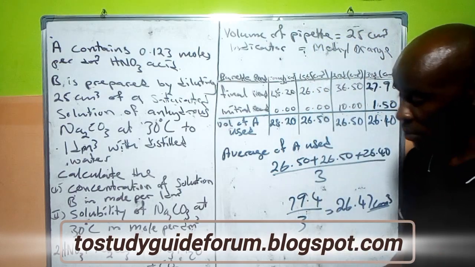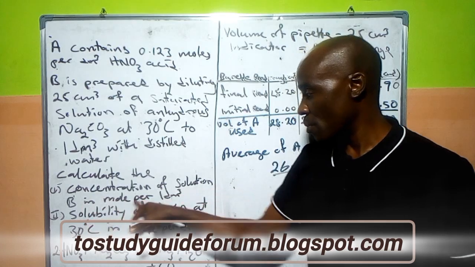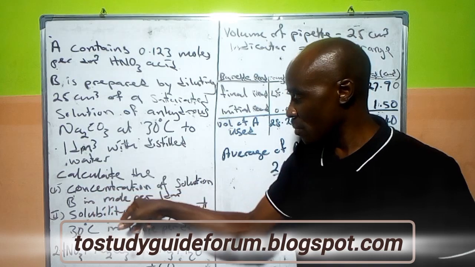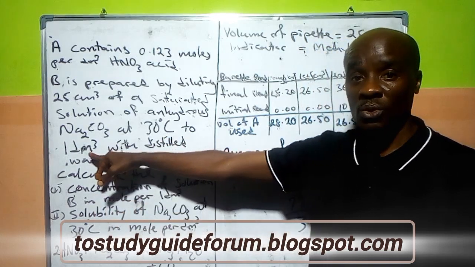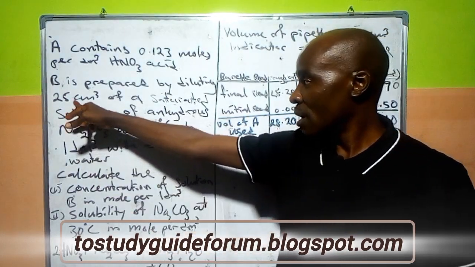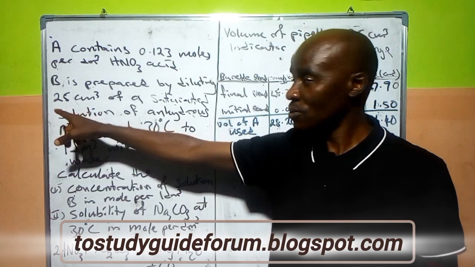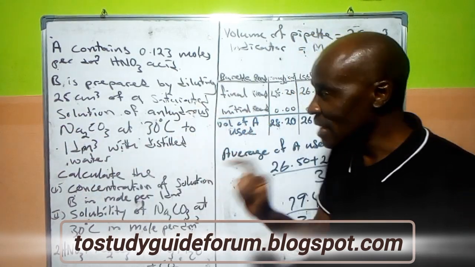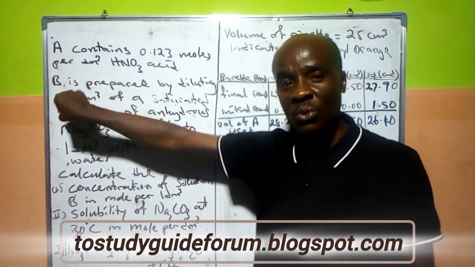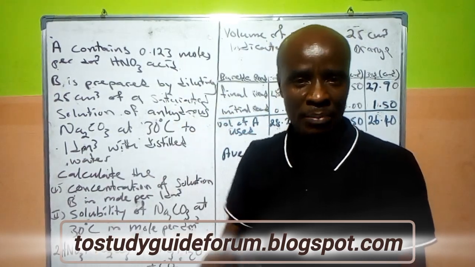The first problem says we calculate the concentration of this solution B in mole per dm³. Now, like I said, when you get this concentration of B in mole per dm³ of this solution that is made up to 1000 cm³, you have already gotten the amount of sodium trioxocarbonate(IV) contained in the 25 cm³, because this 25 cm³ contains the maximum it can dissolve at that very temperature.